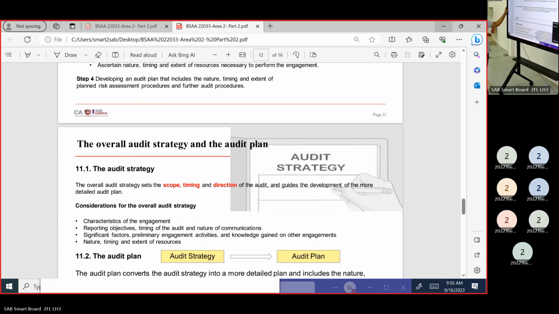The scope. What do we mean by the scope? Whatever the covering framework is, as well as the areas we are going to test. As auditors, what's the scope behind it? Are we worrying about quality standards? No. We are focusing on accounting and auditing standards.